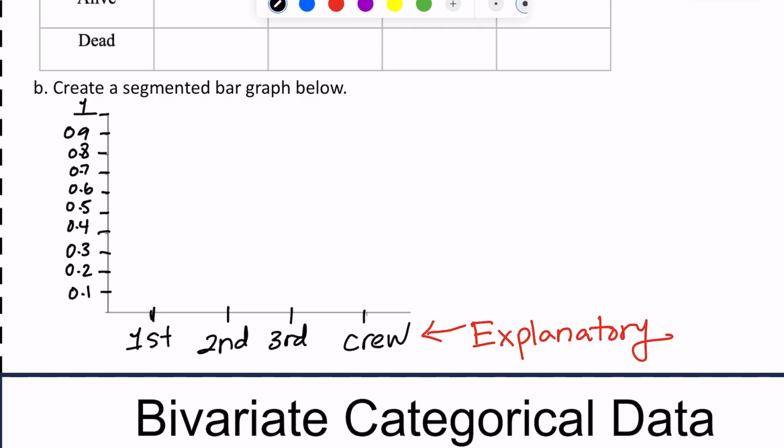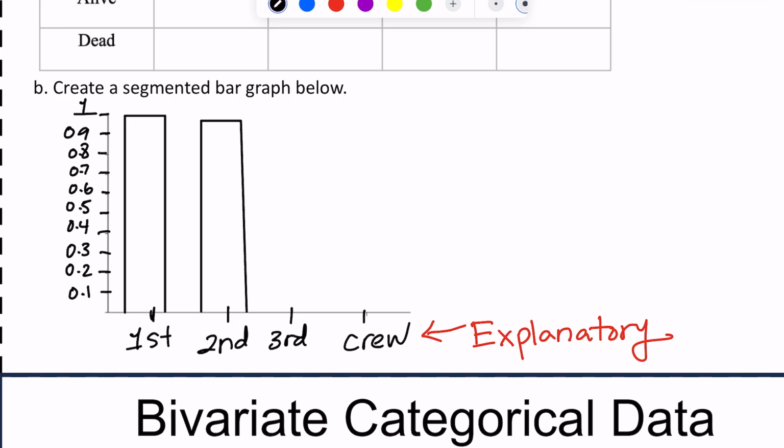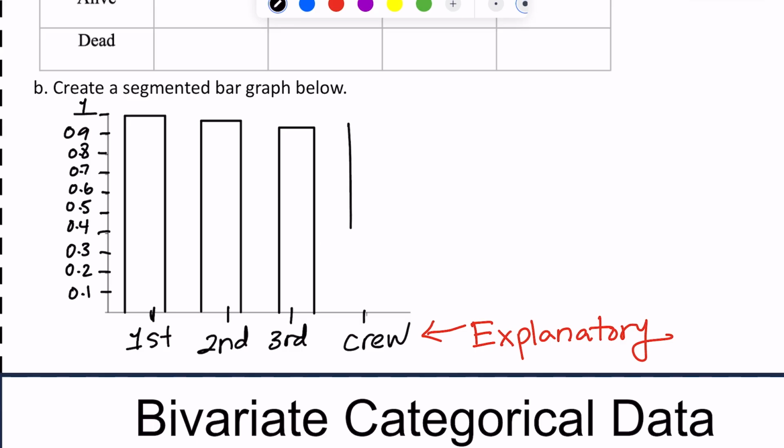It needs to go all the way up to 1 because for each of our categories on our x-axis, we're going to draw one big bar that extends all the way up to 1. So this is just how we set this graph up initially. Ignore the fact that my third class bar is a little short. It's supposed to go up to 1.